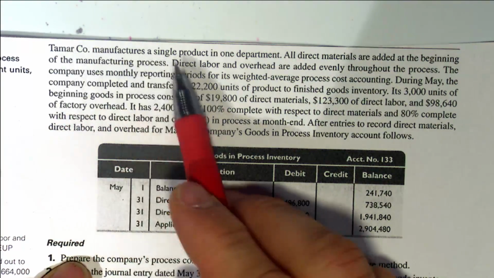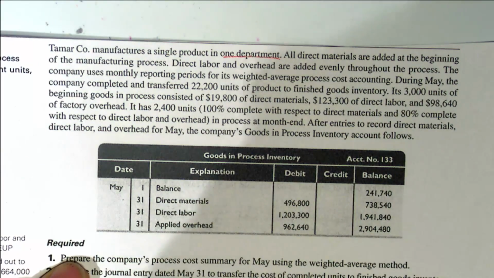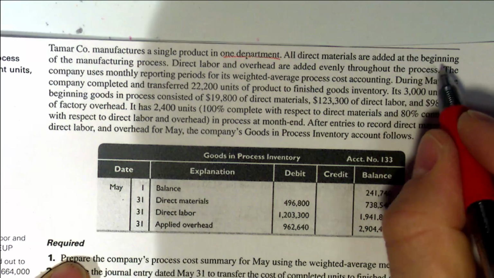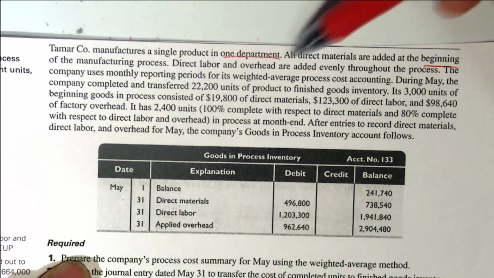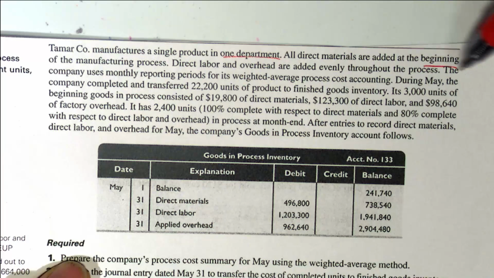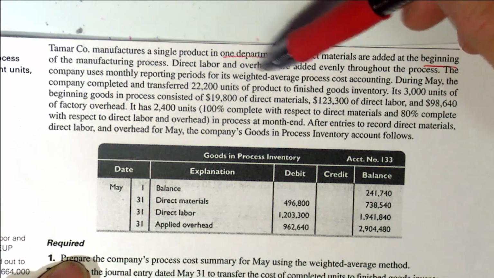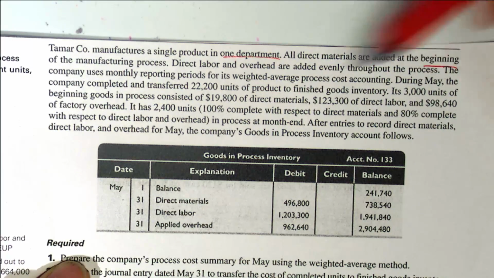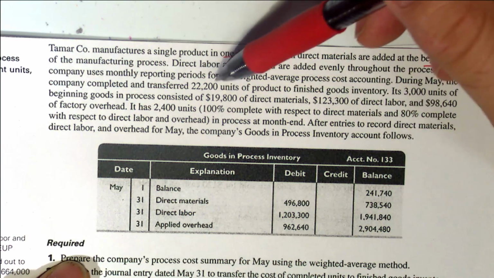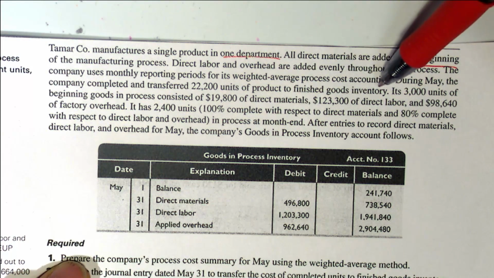Tamar Company manufactures a single product in one department. All direct materials were once again added at the beginning of the manufacturing process. Direct labor and overhead are added evenly throughout the process. The company uses monthly reporting periods for its weighted average process cost accounting. During May, the company completed and transferred 22,200 units of product to finished goods inventory.